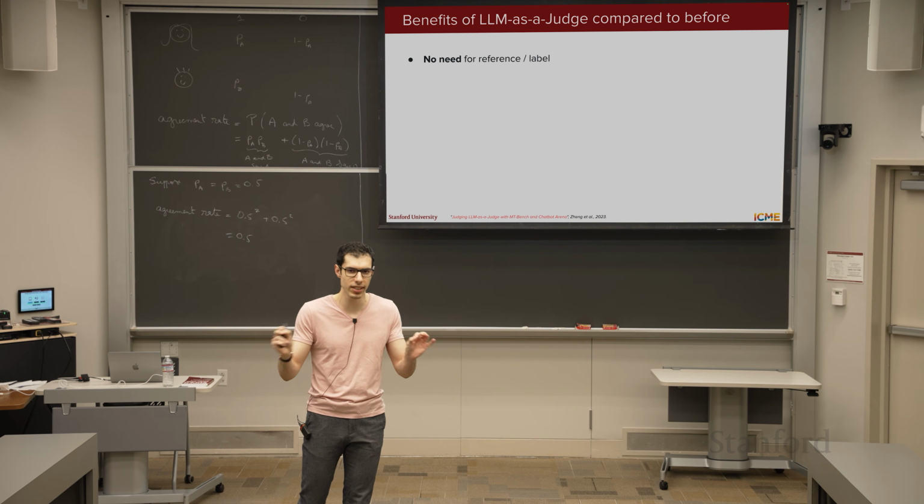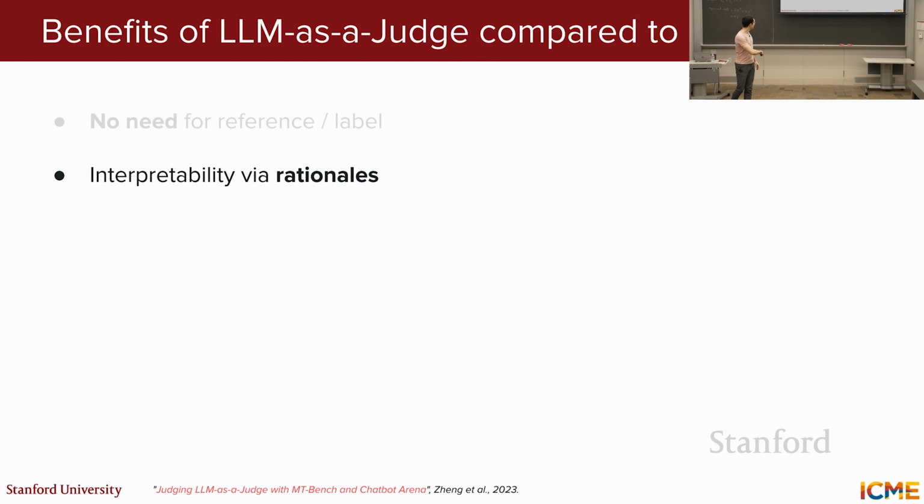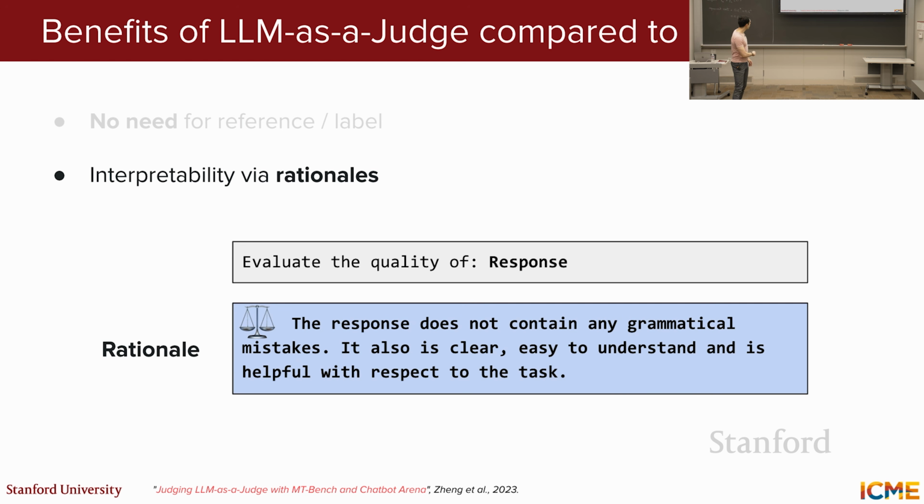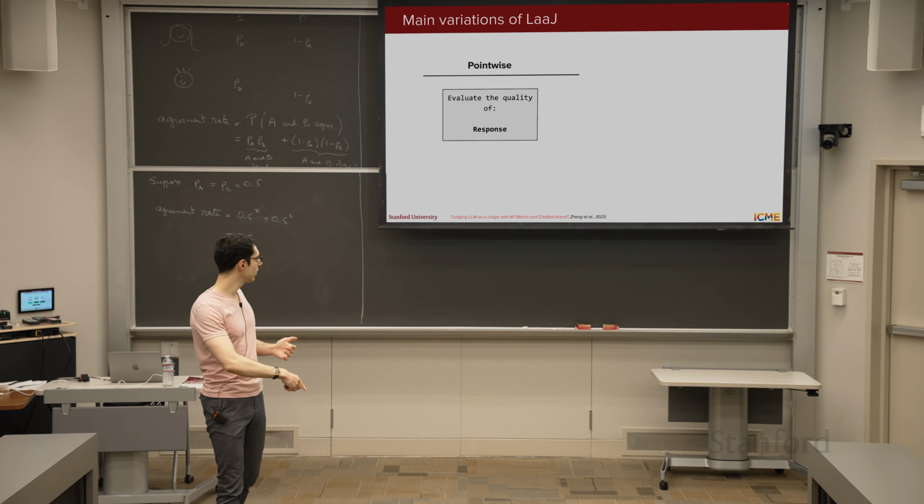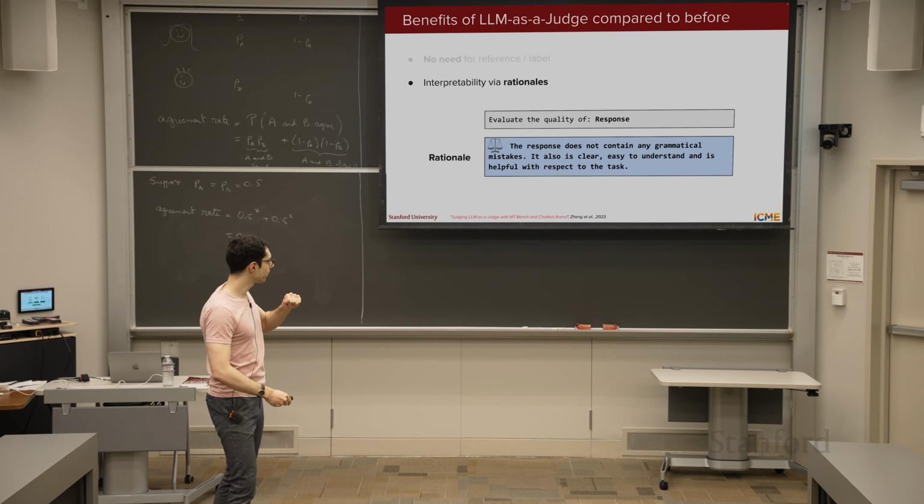The second is that you can interpret the score with the rationale that is output, which is quite remarkable. As an example, you would say, evaluate the quality of this response, and you would get a rationale explaining what this response has or doesn't have that makes it good or bad, along with the score.